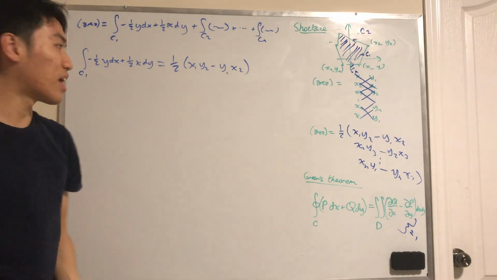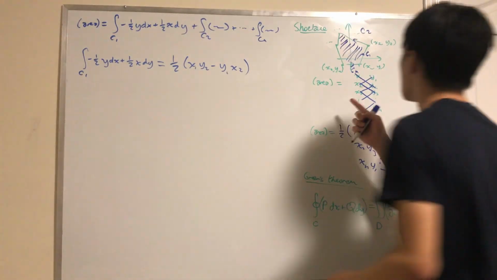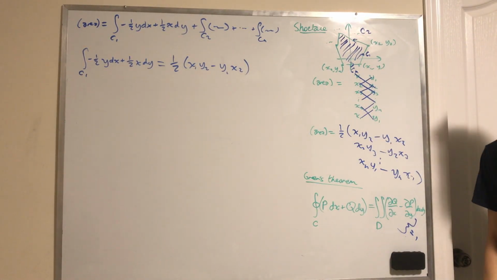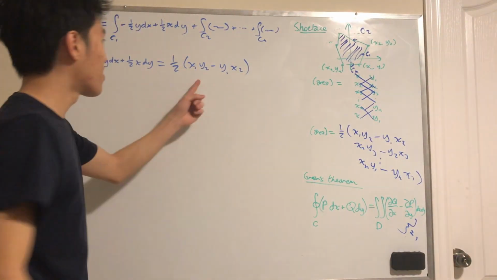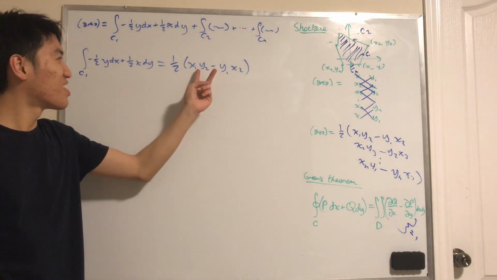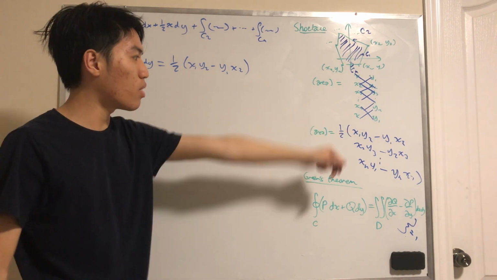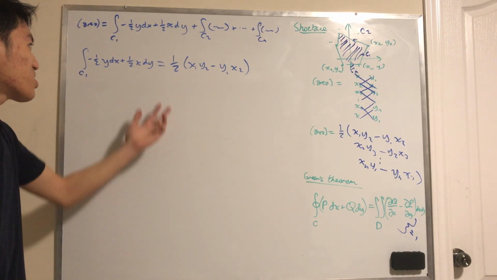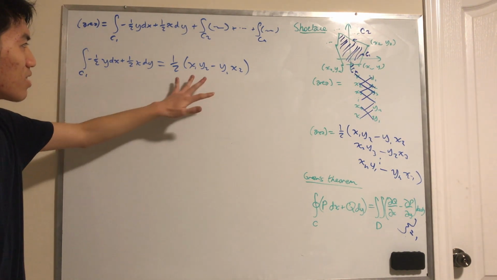Alright, this is where we left off on the last board. We found that the line integral along the first line segment connecting point 1 and point 2 is going to be 1/2 this expression that we saw pop up earlier. And now you see where this is going. So we're not done. You might think, that's not the whole thing.